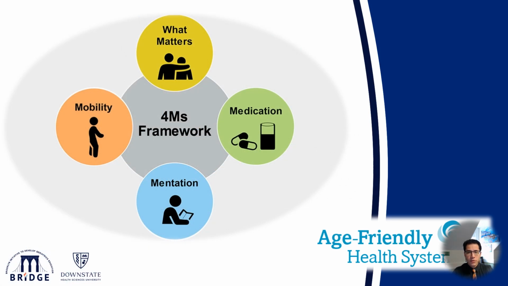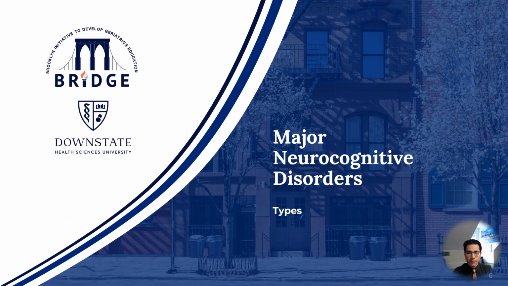So to keep things within the same age-friendly framework that we use in our services, among the 4 M's, we will focus in this presentation on mentation and what matters. So let's quickly go over what are the types of major neurocognitive disorders that we know of among older adults.